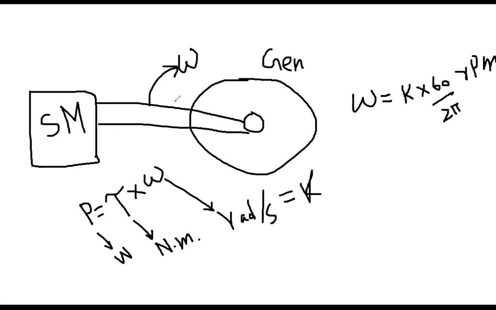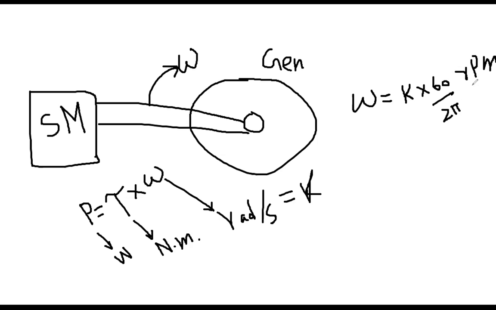They are sharing the common shaft. Therefore, using this equation, first find omega in radian per second. For example, you got 100 radian per second, which I denote by the symbol K. Then multiply it by 60 and divide by 2 pi, and that will give you the RPM.